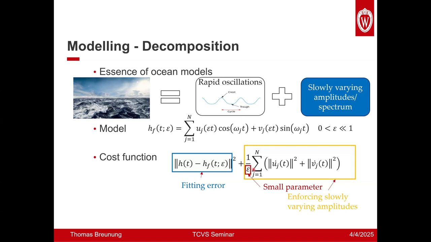We selected it small so that even small variations are heavily penalized in this cost function. By selecting a small parameter here, we penalize every amplitude variation quite drastically.